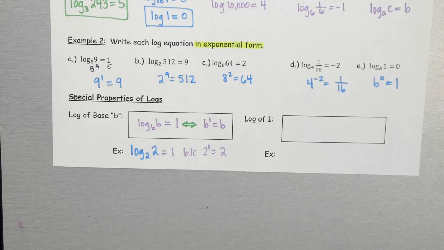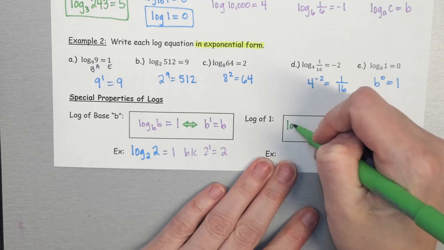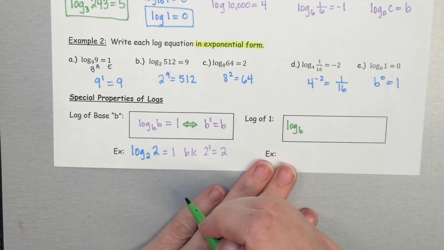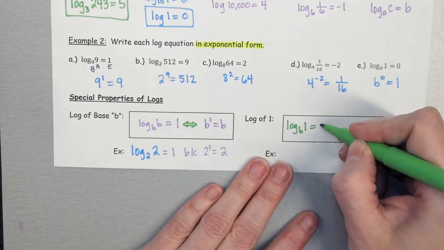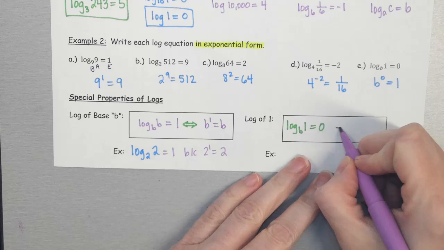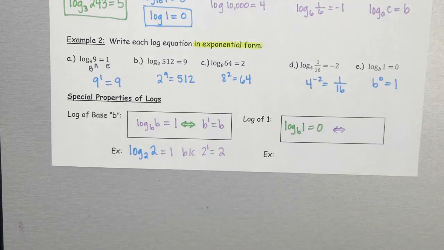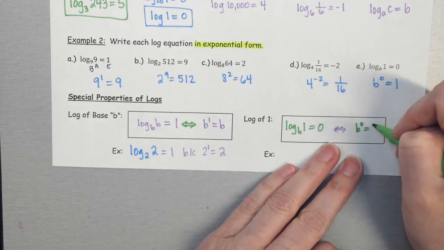Okay, and then the second special property is the log of 1. So it doesn't matter what your base is. Okay, if the log is of 1, that has to equal 0 because of our special rule that says anything to the 0 power is equal to 1.